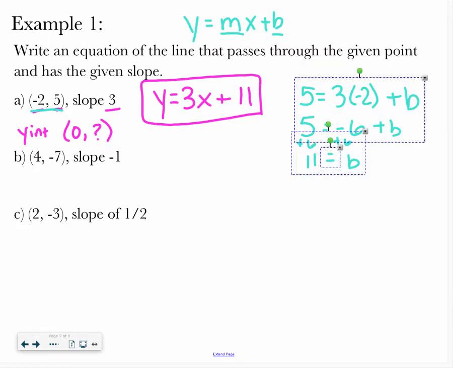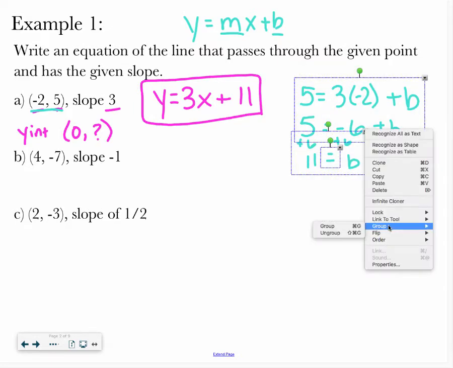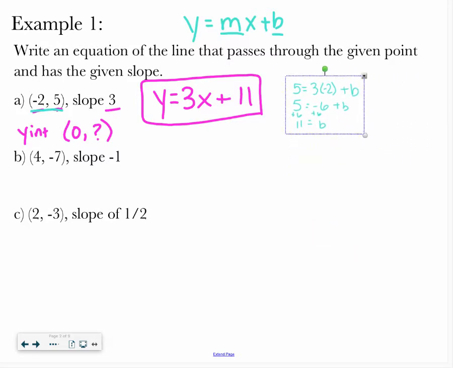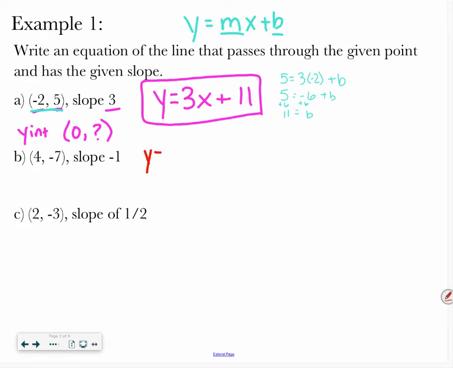Now let's take a look at part B, where we have a point of 4, negative 7, and a slope of negative 1. Again, we start by writing y equals, our slope is negative 1, so negative x plus b, and let's solve for b.